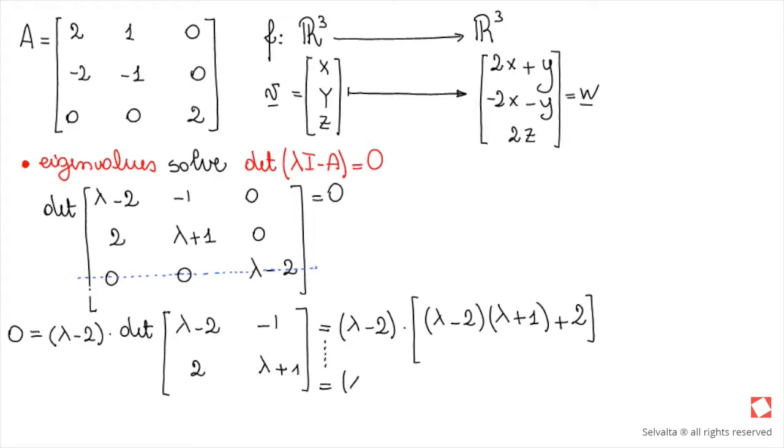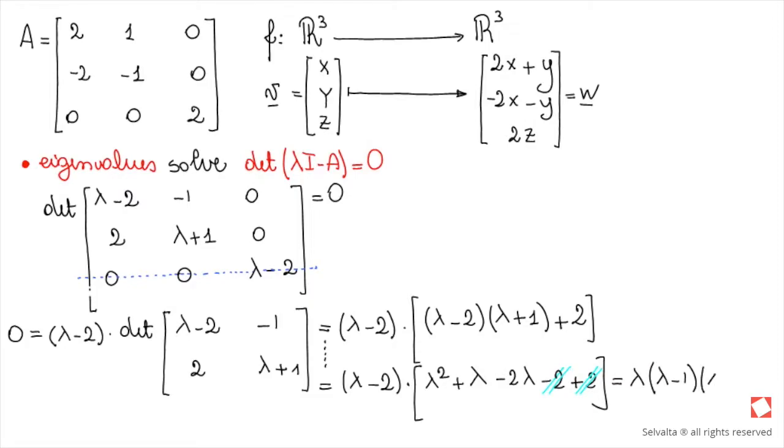We obtain lambda minus 2 times, inside the square brackets, lambda square plus lambda minus 2 lambda minus 2 plus 2. We have a cancellation of 2 with minus 2, and we may factorize also lambda. Finally, we obtain lambda times lambda minus 1 times lambda minus 2.